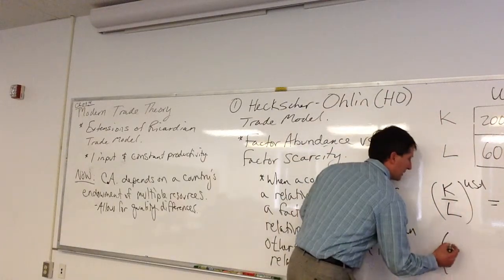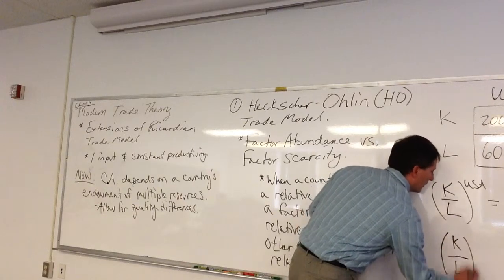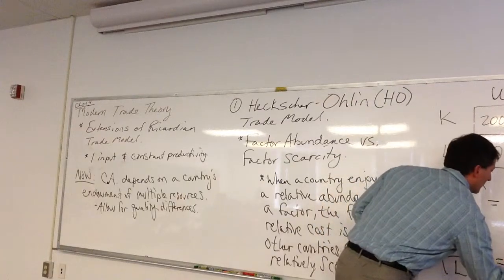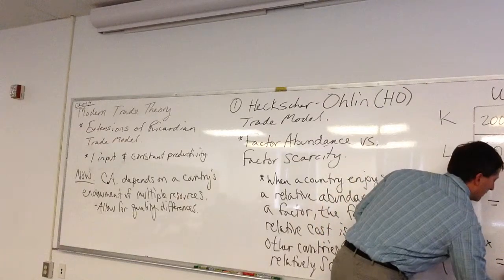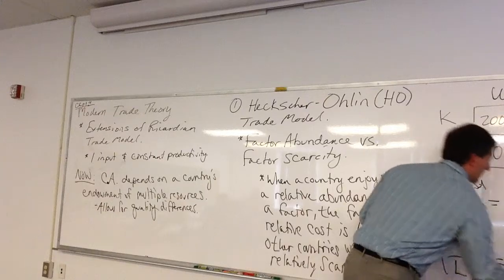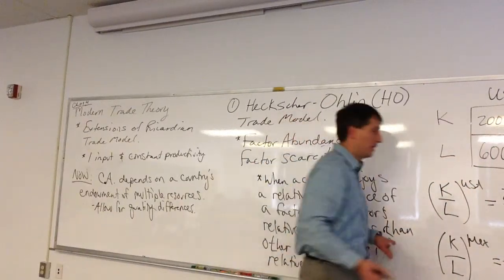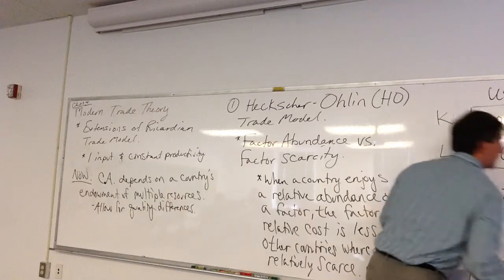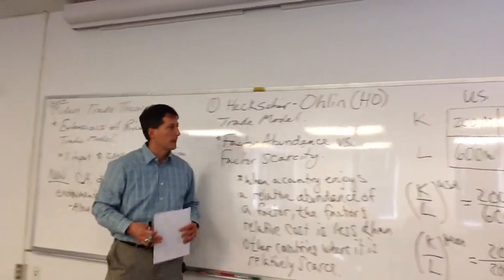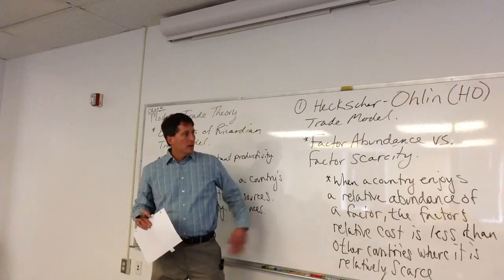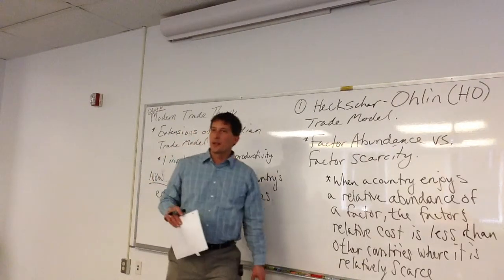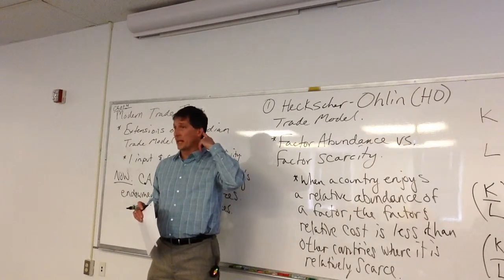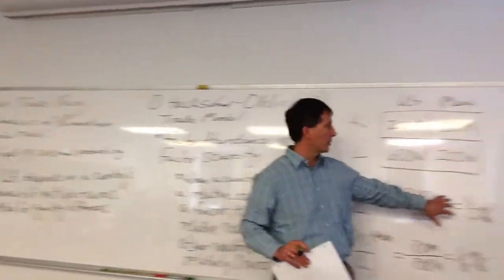And in Mexico, we do the same thing, and we've got 20 machines with 200 workers, giving us a tenth of a machine per worker. Relatively speaking, who is more capital abundant? United States. We got more machines per worker.